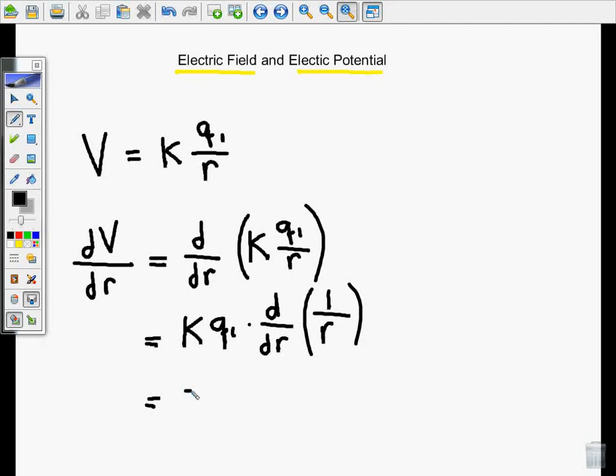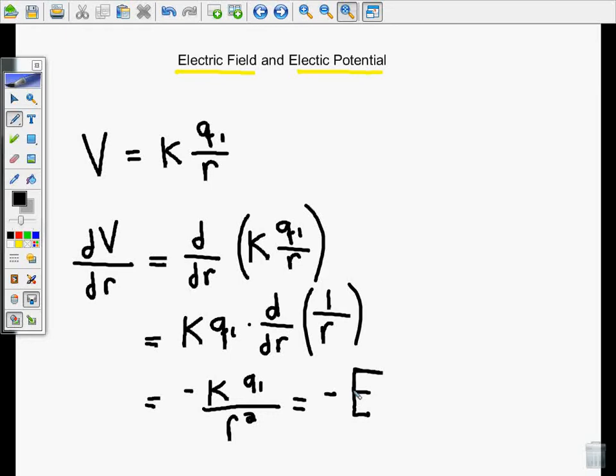And what's that derivative going to be? So we get negative K Q1 all over R squared. But what does that turn out to be? The negative of the electric field strength. So this is another key derivative that you need to be aware of.